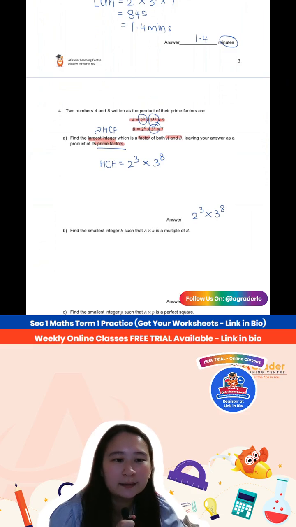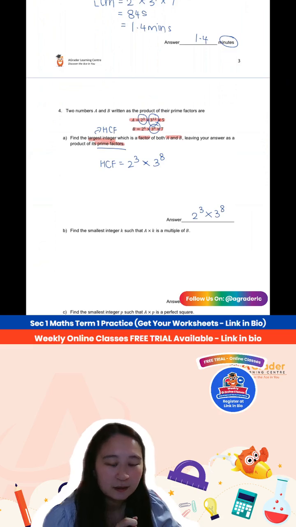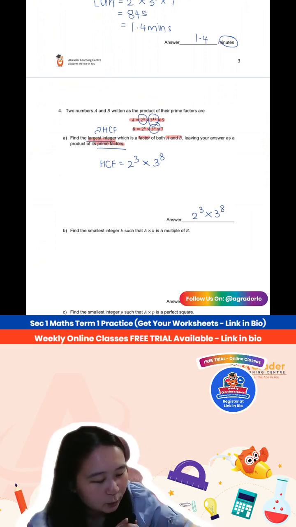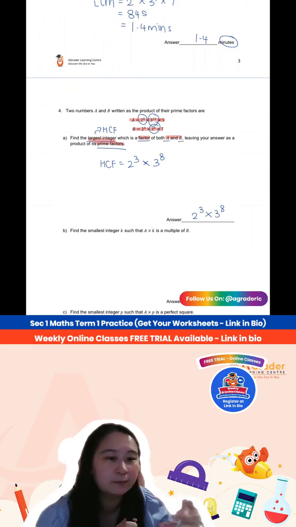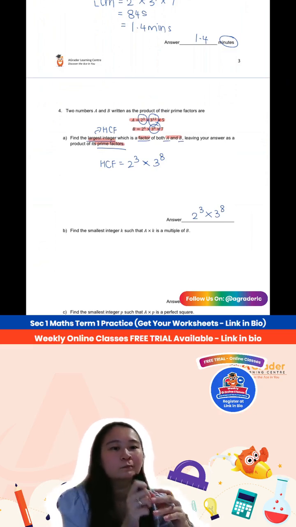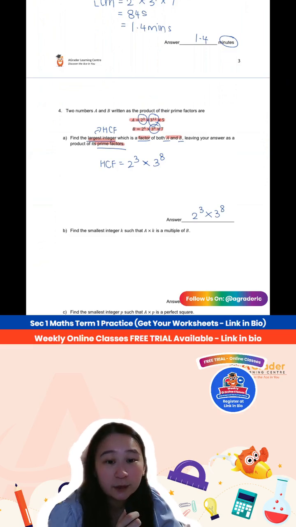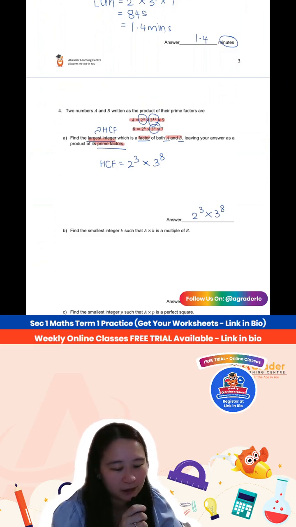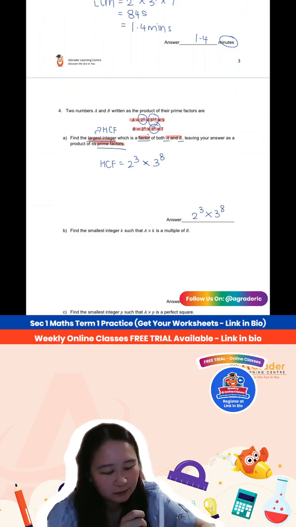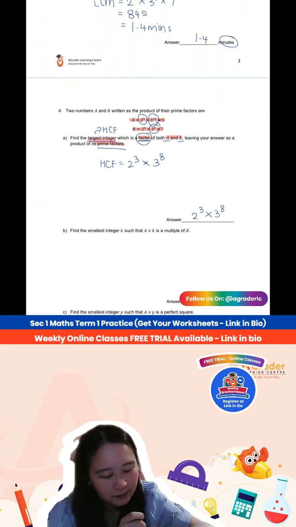Sorry, for which part? They want the largest integer, which is a factor of both A and B. It means they want you to find the highest common factor between the two numbers. Because factor, can you see the factor word here?